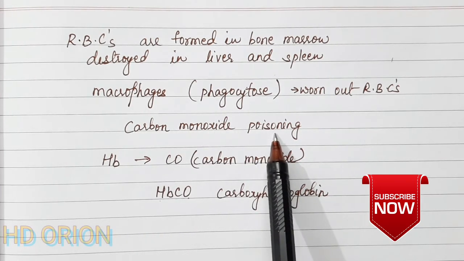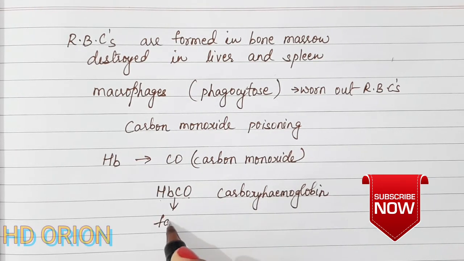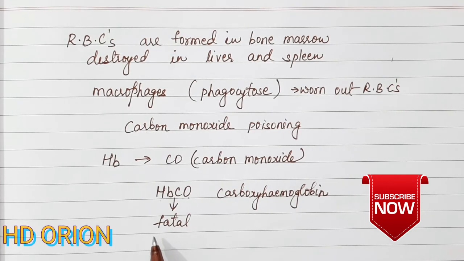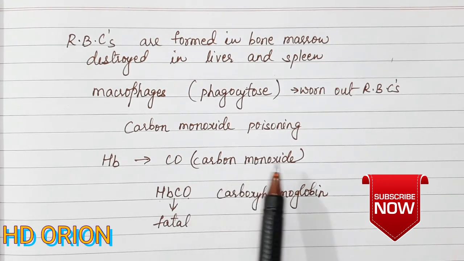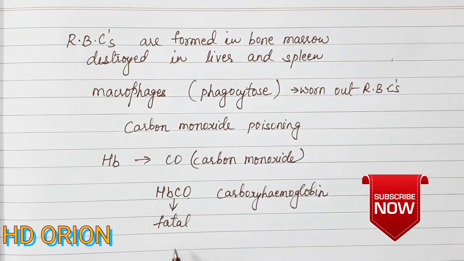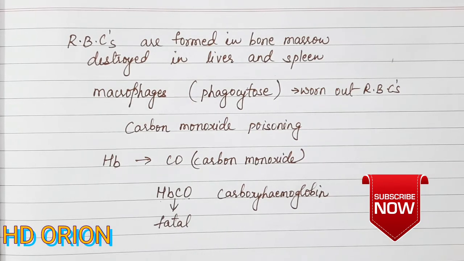The person becomes blue in color and dies. So this condition is fatal, and usually people who are in a fire do not die because of the fire itself, or they have not caught fire on their body, but they die because of carbon monoxide poisoning. So this is a condition because of the hemoglobin's affinity for carbon monoxide.